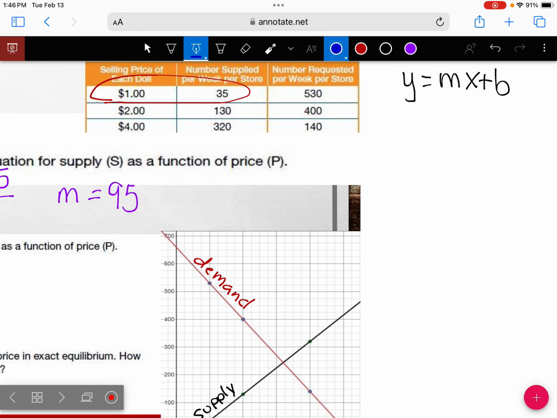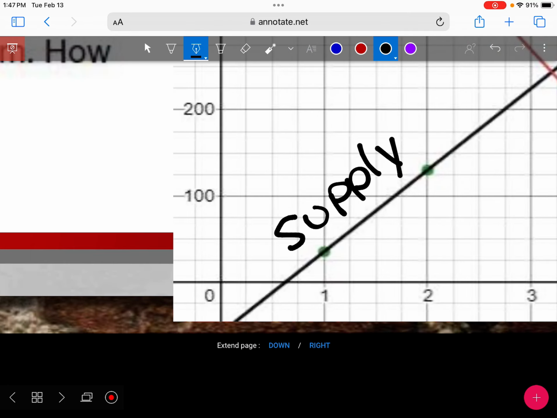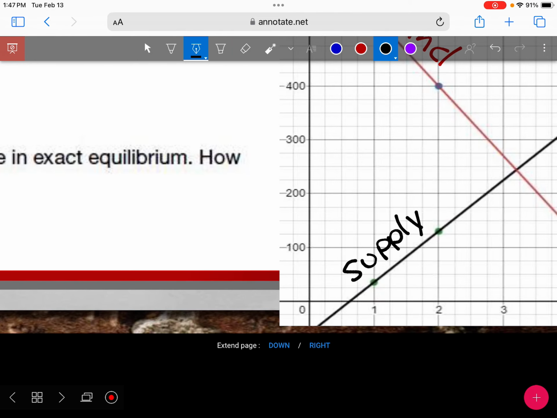And now I know my m, so I can substitute in my m: y equals 95x plus something. I just don't know what this something is. I don't know what my b is, what my y-intercept is. And the only problem is I can't find it from the graph because it's off my graph and in between things. It's not hitting at a nice tidy number.